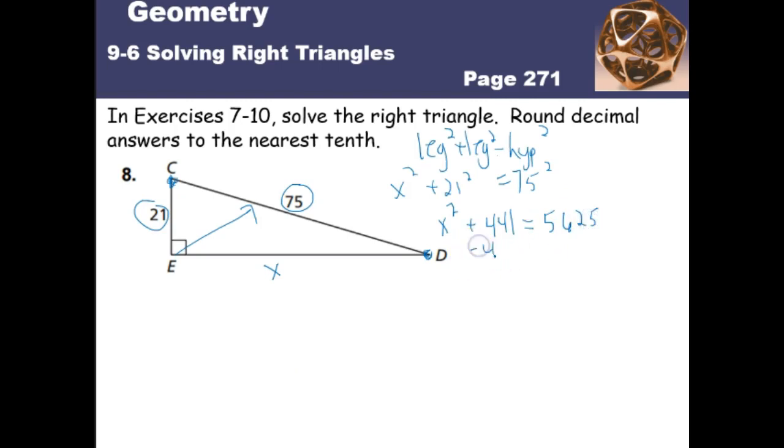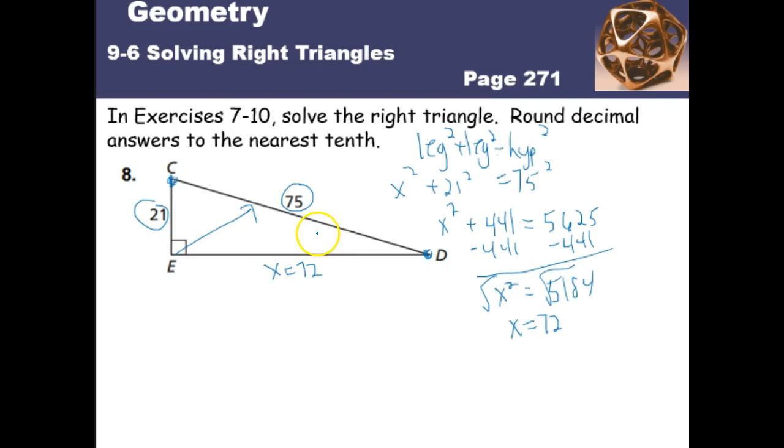So I'm going to subtract 441 from both sides, and I get x squared equals 5184, and then I have to take the square root of both sides. So the square root of 5184, and I get 72, so x is 72, so my missing side is 72.